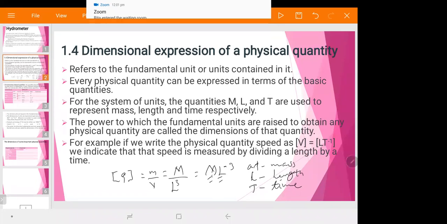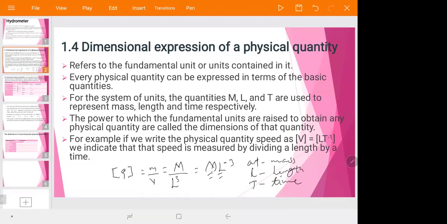You must consider the dimension of mass is capital M, the dimension of length is capital L, and the dimension of time is capital T. The power to which the fundamental units are raised to obtain any physical quantity is called the dimension of that quantity.